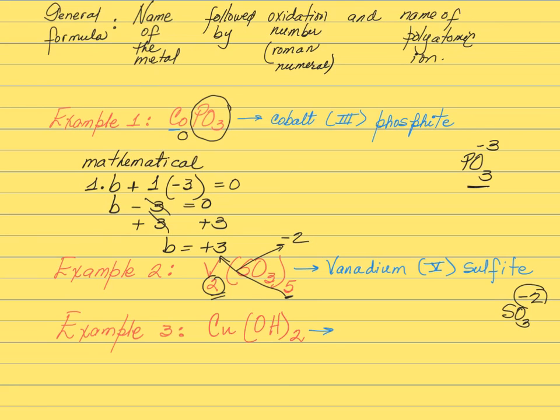The first one, copper. Copper, I'm going to open that between parentheses. Polyatomic ion: hydroxide. When you use the table of polyatomic ions, the oxidation number of hydroxide is -1. So the 1 over here comes from the hydroxide. So this 2 is coming from where? And if you look at the list with the common oxidation numbers of transition metals, you know that copper can show +1 and +2 oxidation numbers. In this case, it is using 2, copper(II) hydroxide.